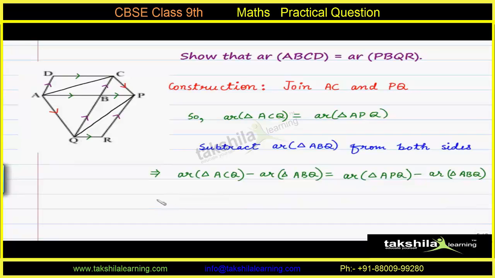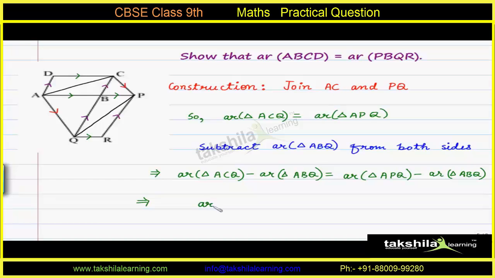Now from our figure, if from area triangle ACQ, that means from this triangle, area ABQ is subtracted, that means this area, if subtracted from the complete triangle, then we will get area triangle ABC. This is the remaining area after performing the subtraction.